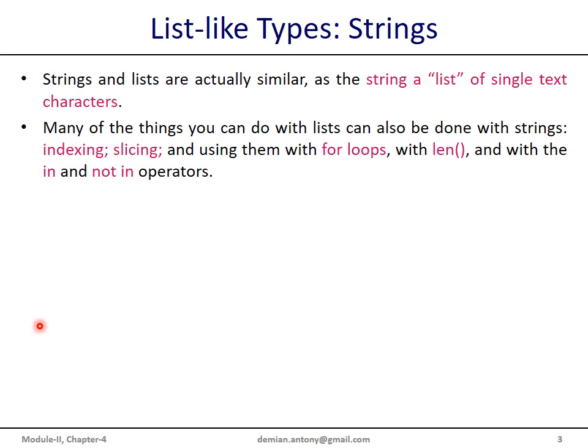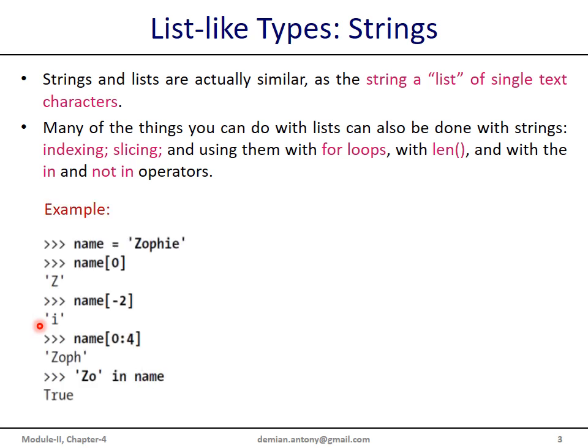For example, indexing operator can be used to extract individual characters of a string. We can take up the slice of a string. We can read the length of a string. We can check the character is present in a string with in and not in operators, and also you can traverse the string with for loop or while loop.